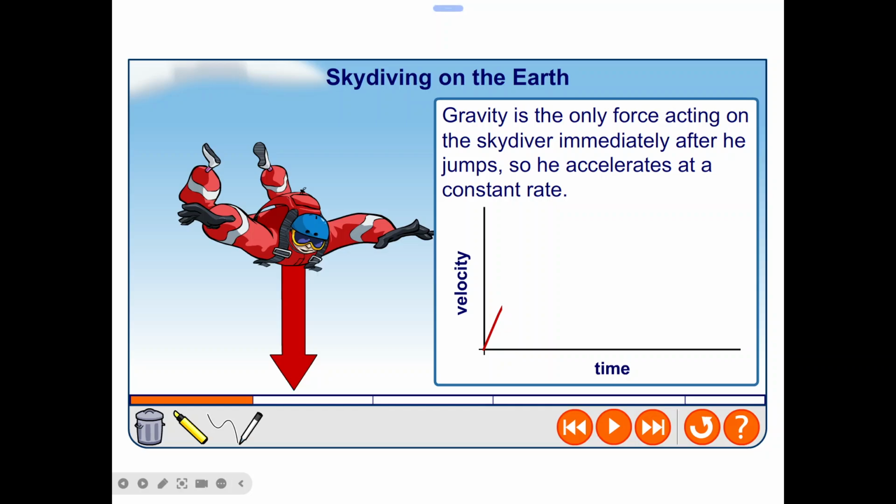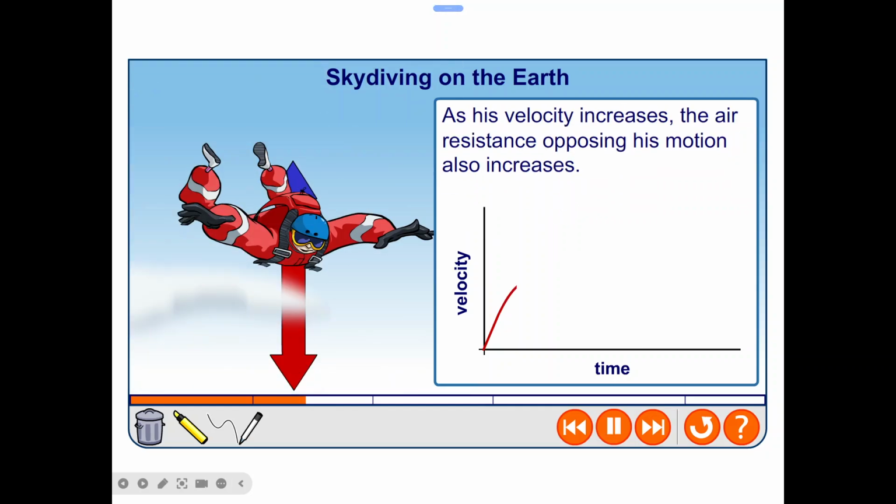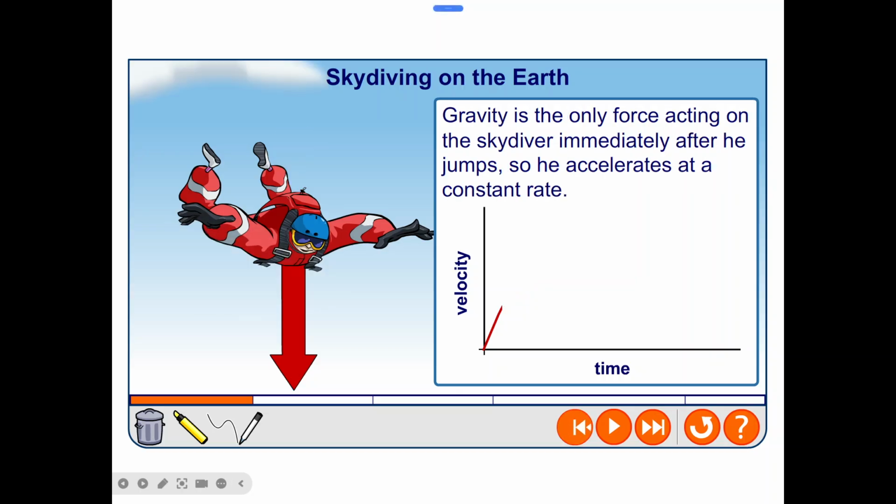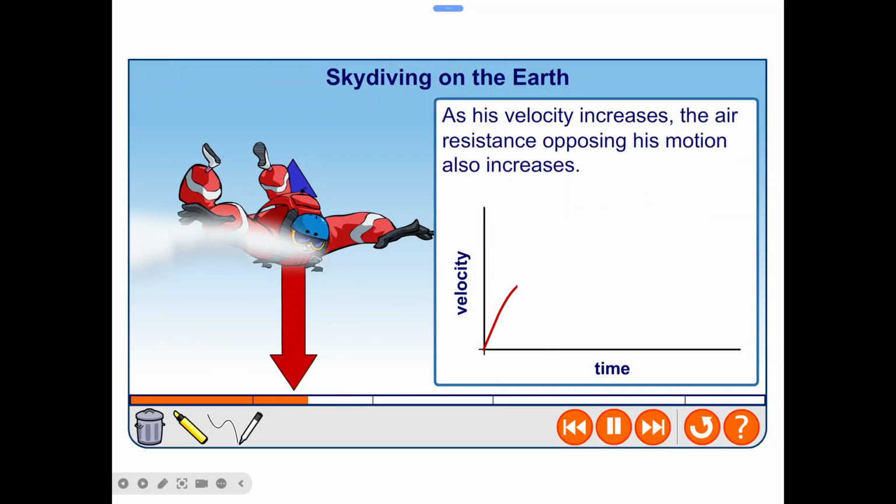But as the skydiver keeps falling downward, his velocity increases as he moves through air. Let's see this one more time. 1, 2, 3, go. As velocity increases, so does the air resistance. But air resistance cannot increase infinitely, right? If air resistance became greater than the weight, the skydiver would eventually move upward, and that's not going to happen in real life.